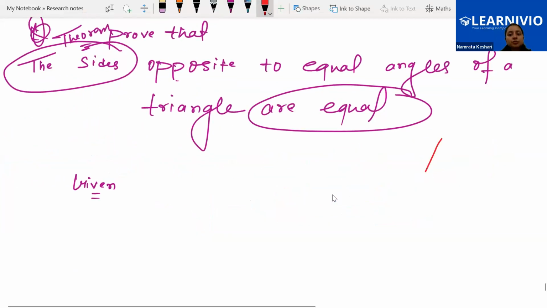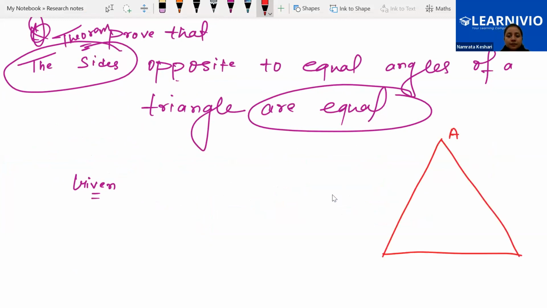So sides we will be proving. Let's take again the same triangle ABC. Here let's write, it is given over here that two angles are same. Which two angles? We can take any two angles. Let's take ABC and ACB. Why are we taking these two angles? See, we are not bound to take these two angles. We can take angle A and angle C also, or angle C and angle B the way we are taking, or angle B and angle A also.